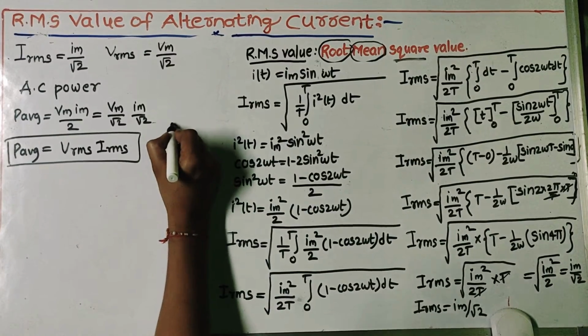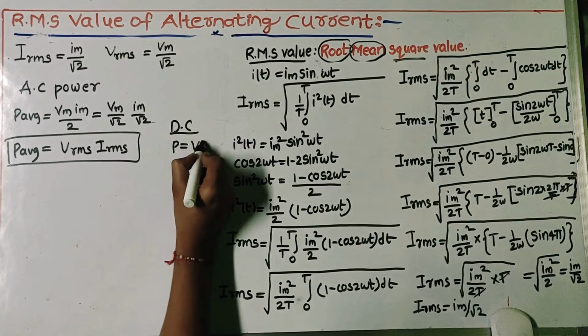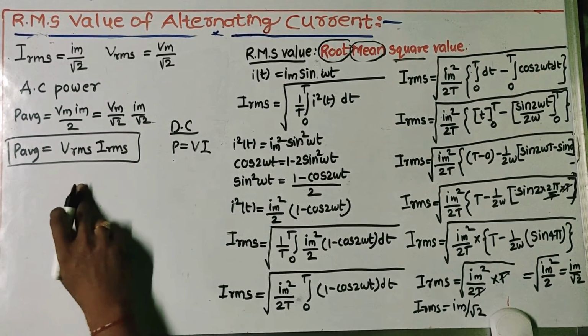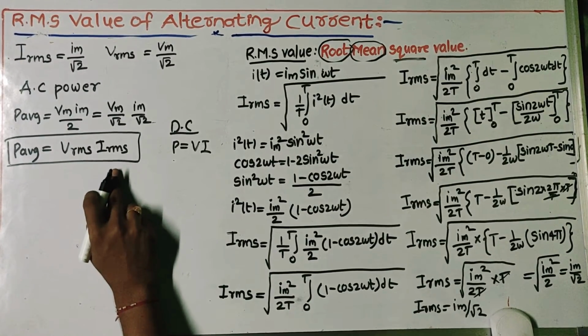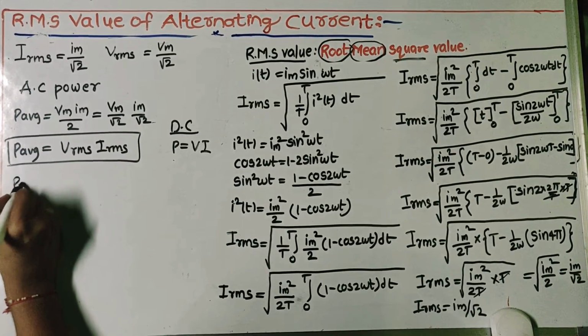In case of DC, what is the formula for power calculation? That is V into I. If you can see, the formulas are the same, but in AC, voltage means RMS voltage and current means RMS current, voltage into current. Similarly, what is another formula we have written?